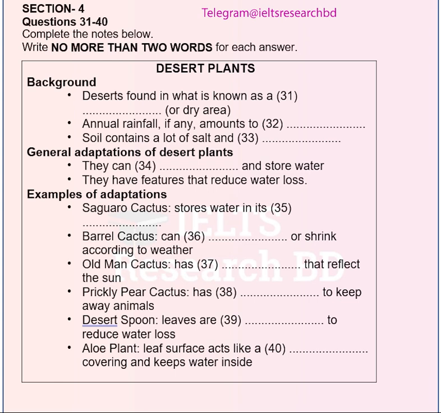Now, this plant has an interesting adaptation because its shape allows it to expand when it rains, hence the barrel, and store water in its spongy tissue. But then it shrinks in size during dry times as it uses the stored water, so that's a clever design.